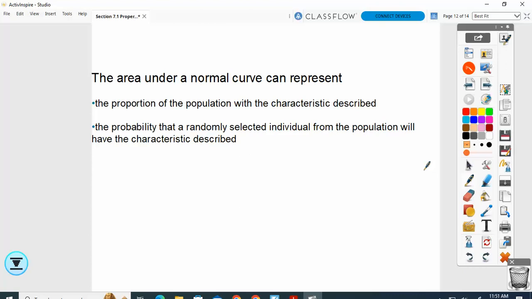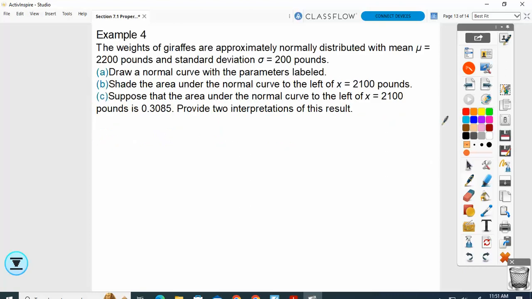So let's look at an example and try to write those sentences of what it might be. So the weights of giraffes are approximately normally distributed with a mean equal to 2,200 pounds and a standard deviation of 200 pounds. So if you think about your normal curve, so we know it's bell-shaped. Hopefully you can draw a halfway decent bell-shaped curve.